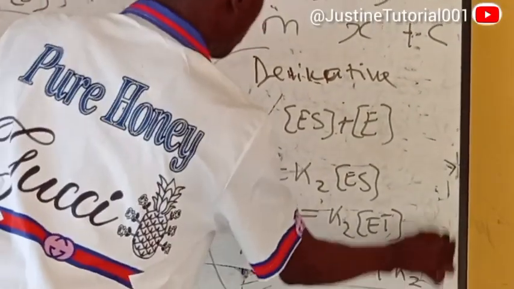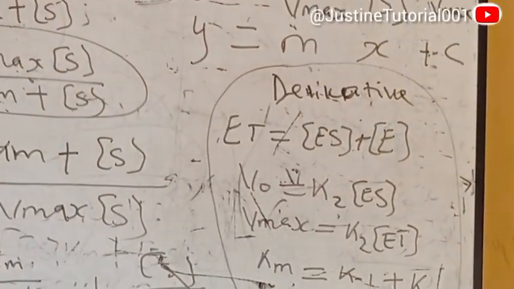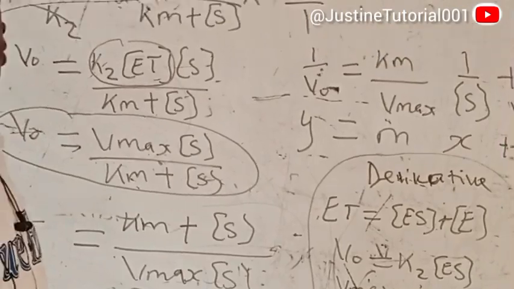These are the derivatives to note when it comes to deriving the Michaelis-Menten equation.